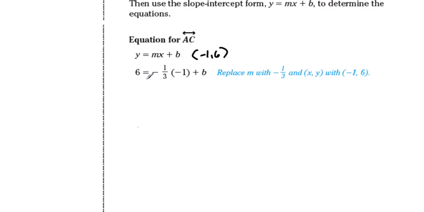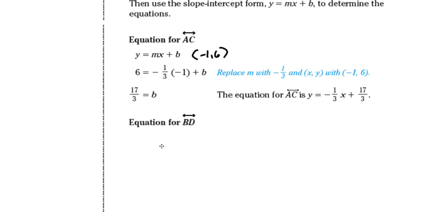So 6 equals negative 1/3 times negative 1 plus b. We simply substituted the x-coordinate and the y-coordinate. We find the value of b to be 17/3, and we substitute it back to y equals mx plus b. The equation is y equals negative 1/3 x plus 17/3. And then let's solve for equation BD.